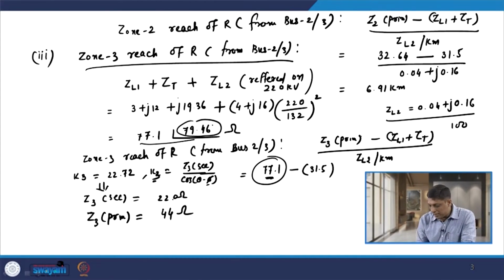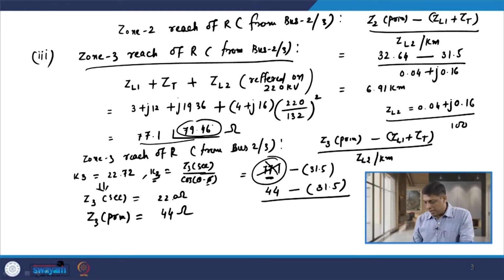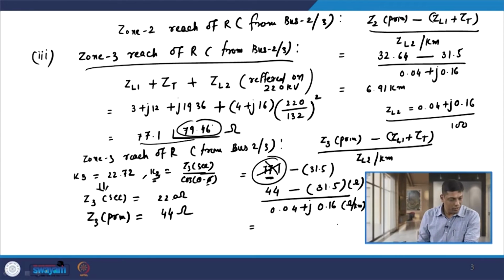So, the Z3 primary you need to consider is not this, but 44 ohm minus ZL1 plus ZT, that is 31.5, divided by ZL2 per kilometer, that is 0.04 plus j0.16. This value is in ohm per kilometer, and this value is in ohm, so you will get the value in kilometers. That comes out to be 75.8 kilometers.